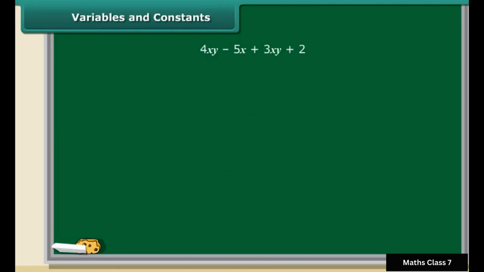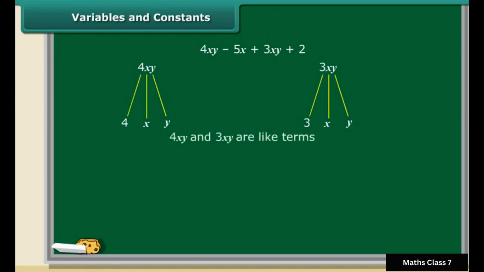Now, look at the terms 4xy and 3xy. The factors of 4xy are 4, x, and y. Likewise, the factors of 3xy are 3, x, and y. So both the terms have the same algebraic factors, which means 4xy and 3xy are like terms.